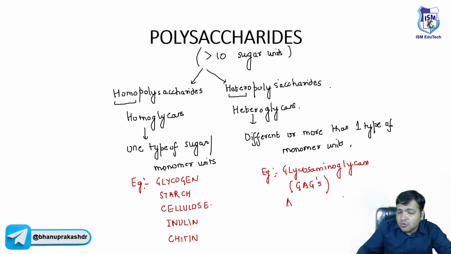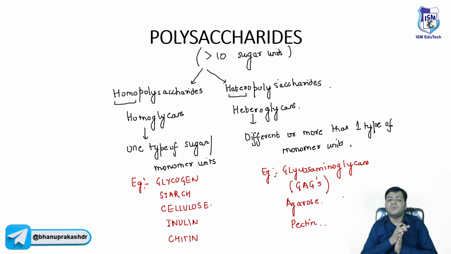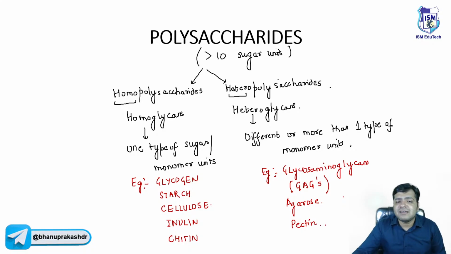We have agarose, and we have pectin. So the homopolysaccharides' examples are glycogen, starch, cellulose, inulin, and chitin. Whereas the heteropolysaccharides are glycosaminoglycans, GAGs, which we will take as a separate topic, agarose and pectin.